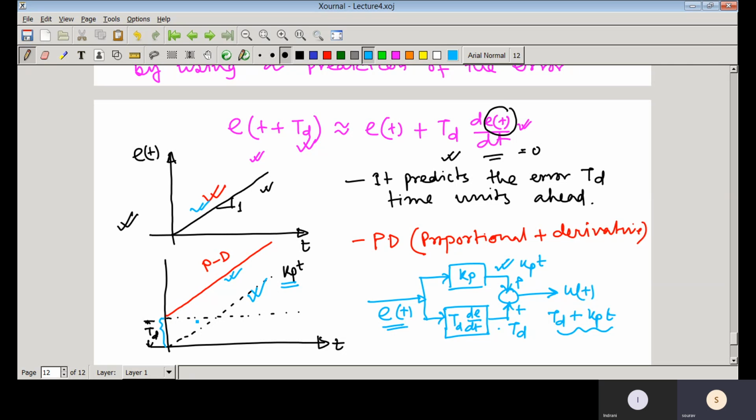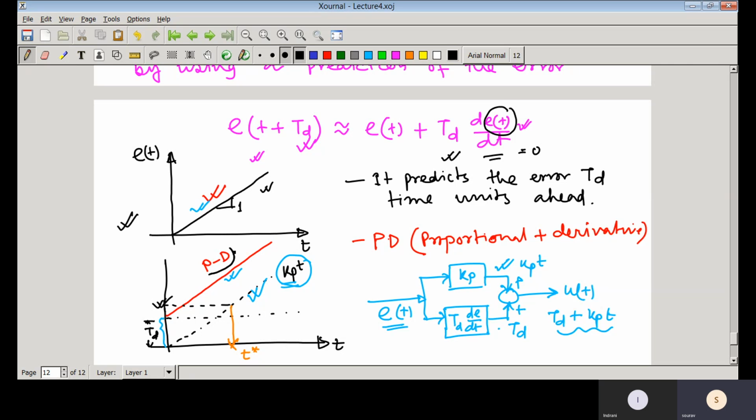Now let us see what happens if we use only a proportional controller. Suppose this is the time t star. At this particular time, if you use only a proportional controller, your control input would be this much.